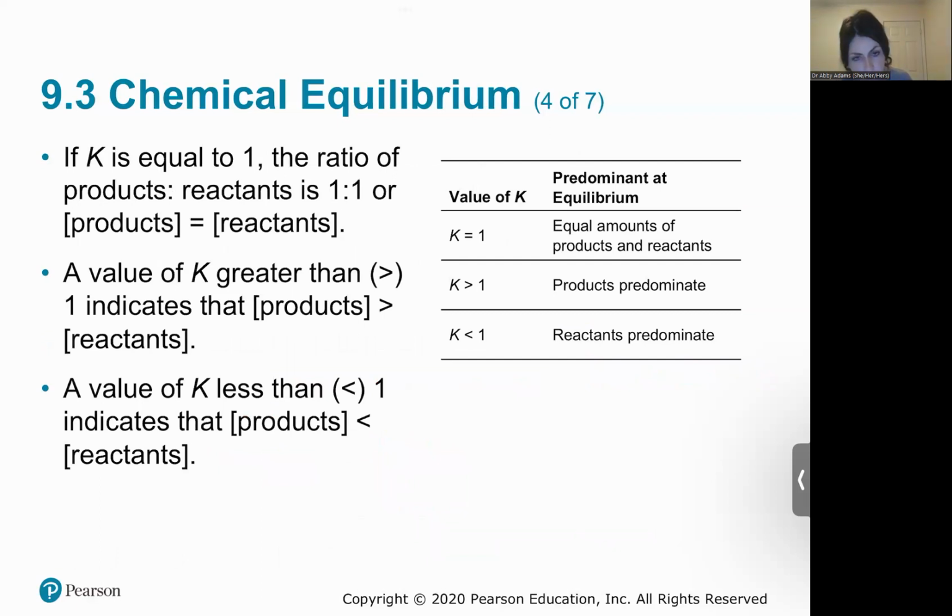So here's kind of what I was talking about whenever I was saying in reference to K, you can tell how many products and reactants there are. So if you have K and you have your products over your reactants, all right, so that is a ratio of your products to your reactants.